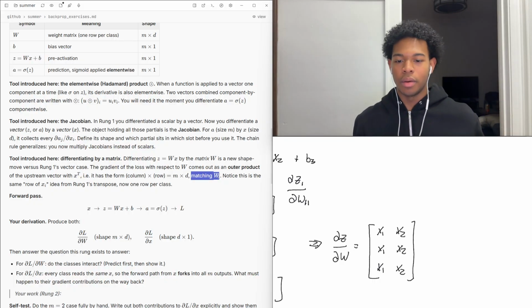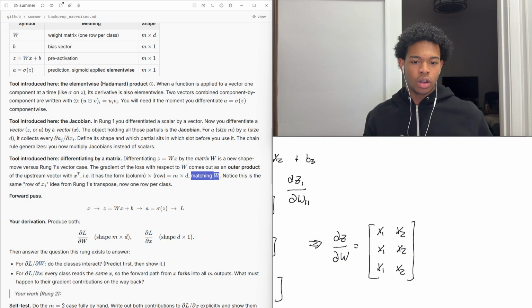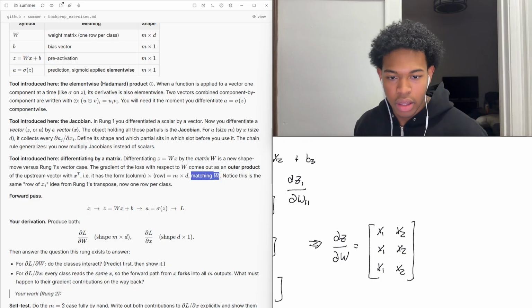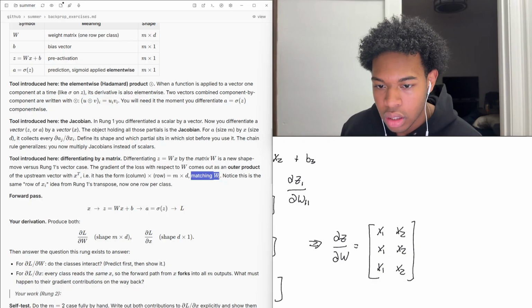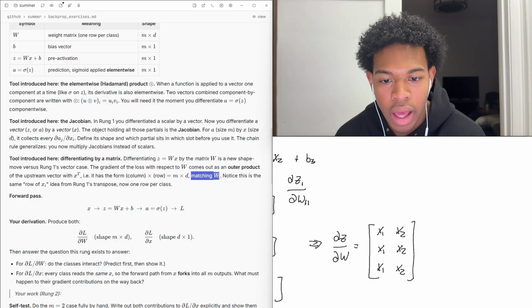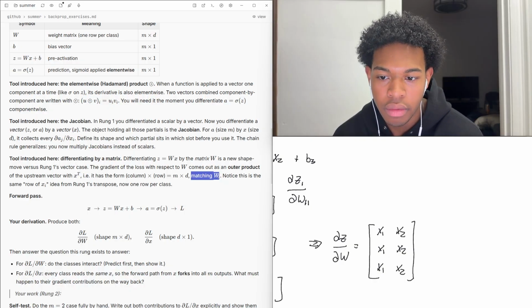We have the right shape, but I've also accidentally produced its contents. The gradient of the loss with respect to W comes out as an outer product of the upstream vector.